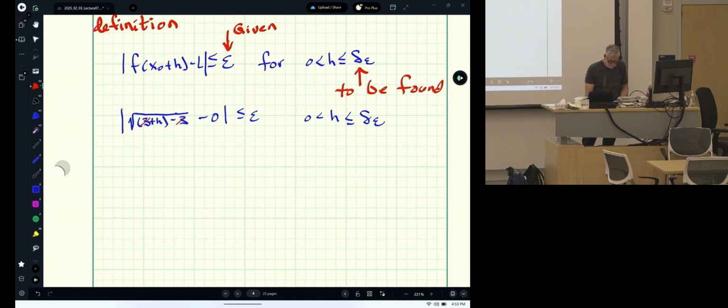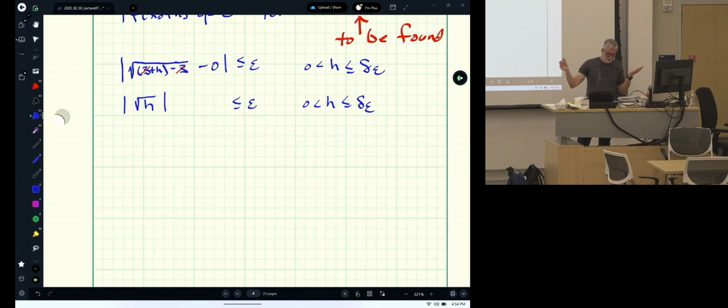The 3's cancel, so this is just the square root of h less than or equal to epsilon. It's up to you if you want to keep writing this.